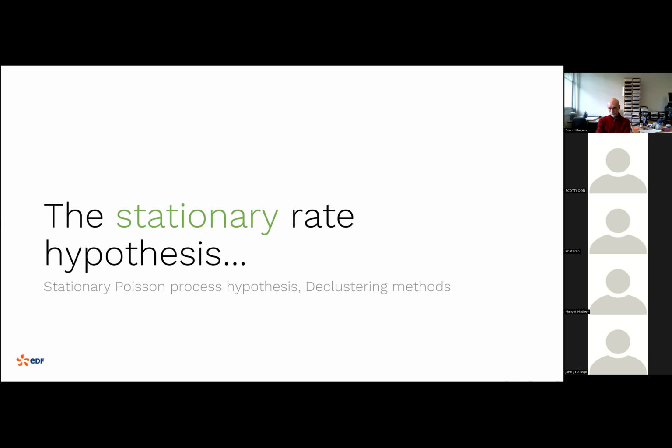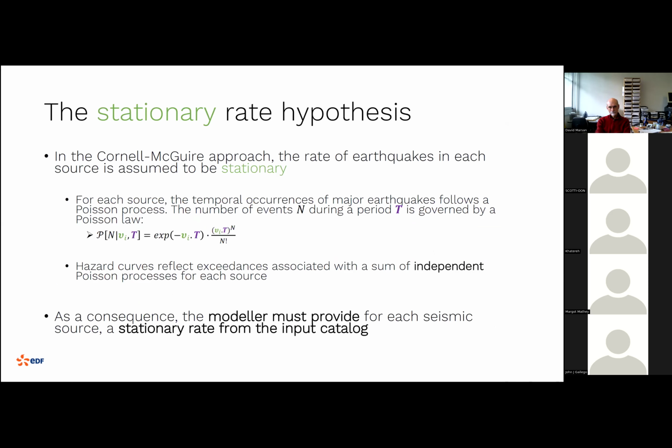Okay, I will switch to another aspect, which is the rate itself, the stationary rate hypothesis. I will go very rapidly on this slide, but you have to keep in mind that in the Cornell-McGuire approach, the PSHA approach, the rate of earthquakes in each source is assumed to be stationary.